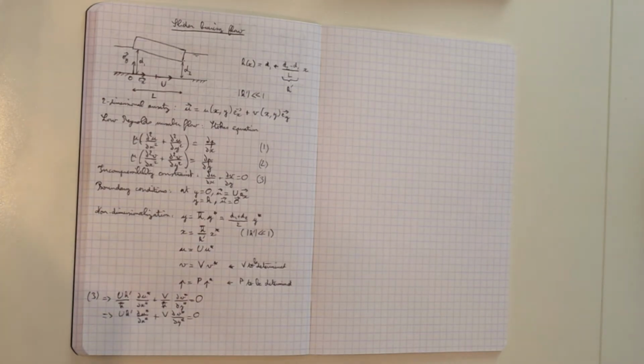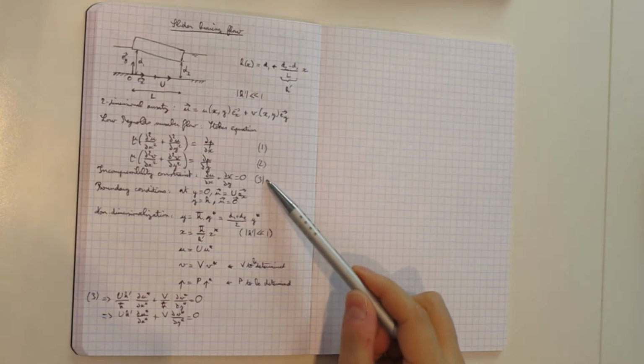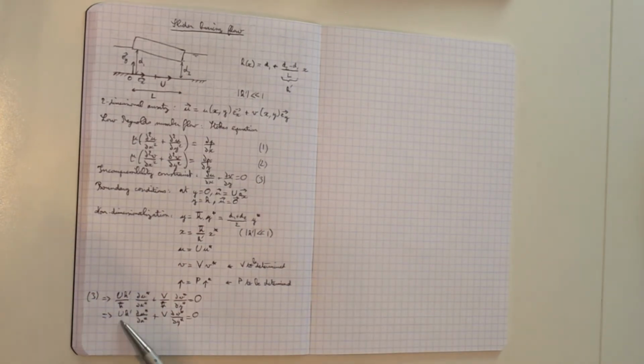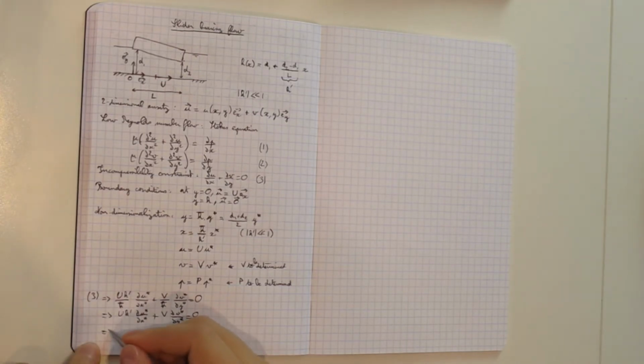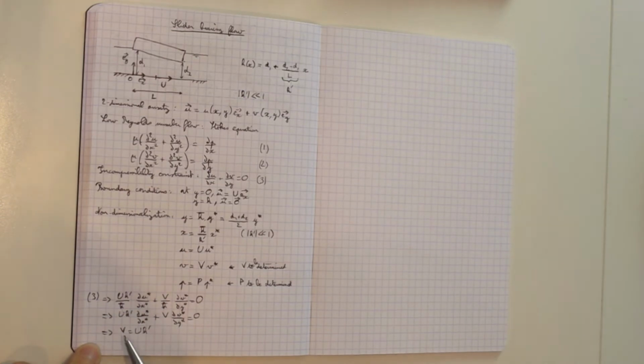And if I want to preserve the two-dimensionality of the flow within the incompressibility constraint, then I have these two scales to agree. So in other words, that imposes that V equals U H prime. In other words, that the velocity in the vertical direction V has to be small compared to the velocity in the horizontal direction. Okay, so that determines V.